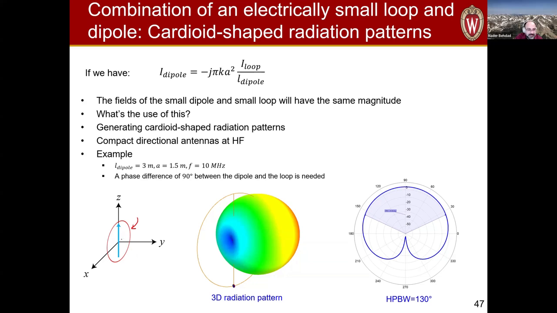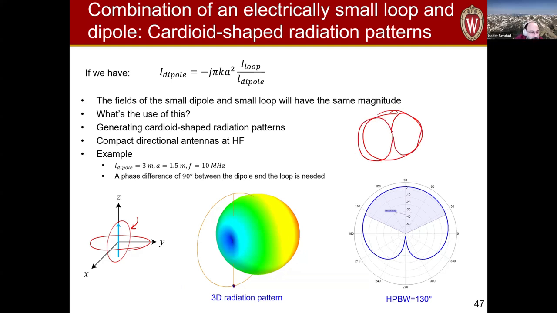And in the azimuth plane, I have an omnidirectional radiation from a dipole, and I have a figure 8 shape radiation from the loop.